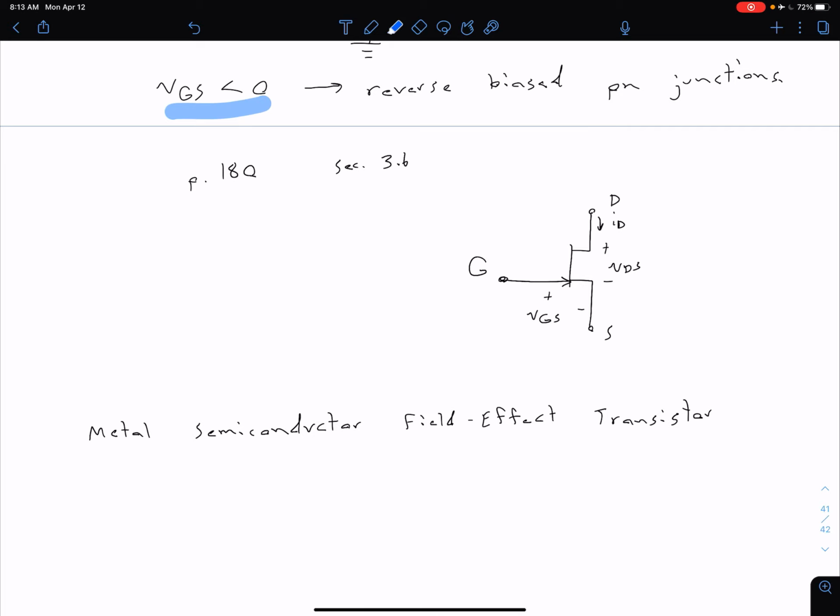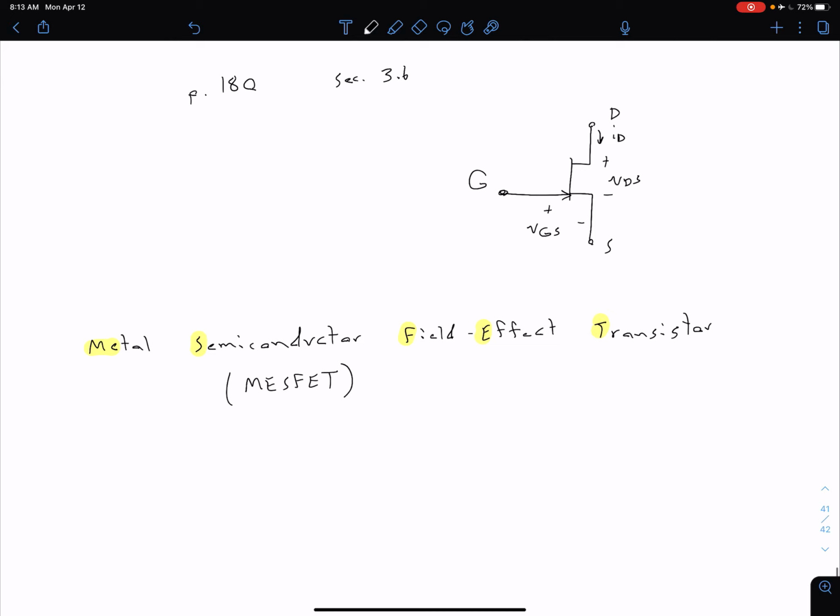This one typically will be abbreviated as a MESFET. So we get that this is often called a MESFET. And the basic idea is that instead of a PN junction like our JFET, and instead of the oxide like our MOSFET, we're now using a Schottky barrier diode, or Schottky barrier junction rather, for our gate terminal.